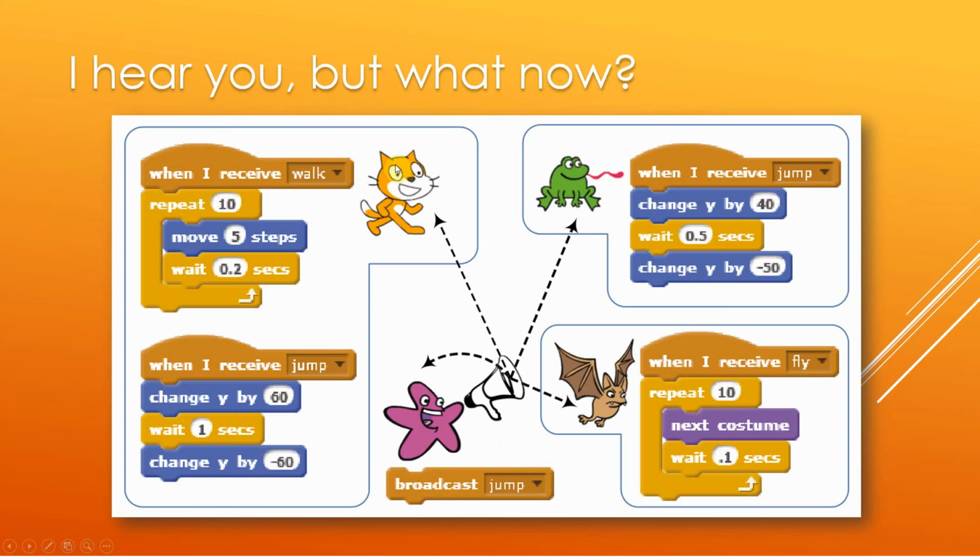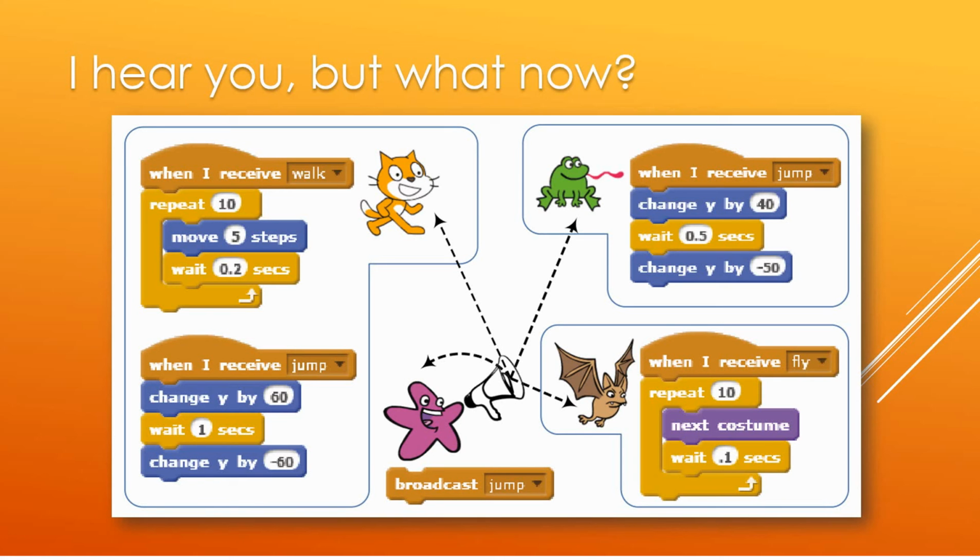All the other sprites, the cat sprite, the frog sprite, and the bat sprite, can all listen for this message. So you can see here the cat sprite has got a when I receive jump block, and the frog sprite has got a when I receive jump block, but the bat sprite doesn't have one. The bat has only got a when I receive fly block.